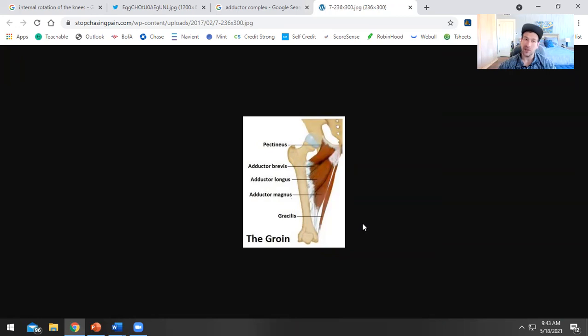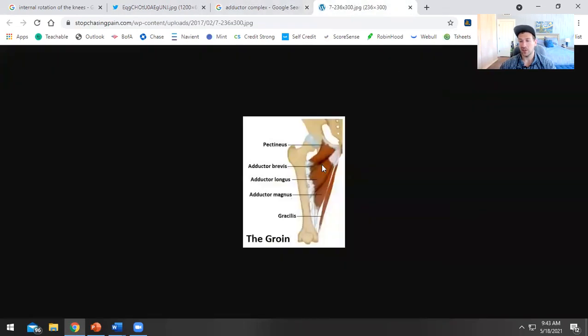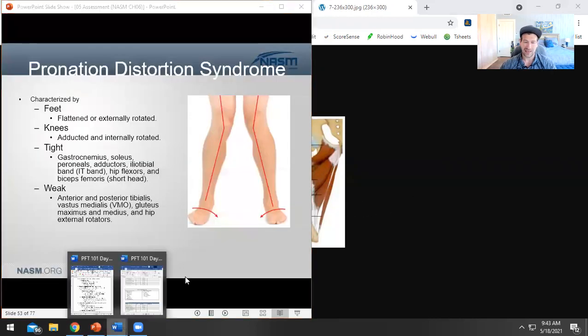If you spend all day sitting with your knees kind of tucked into each other, right? That is certainly going to be activating these muscles right here. They're going to get into a shortened state. They're going to get used to being like that, and they are going to tighten up. So that is your entire adductor complex. They're going to fire and pull that knee inward.